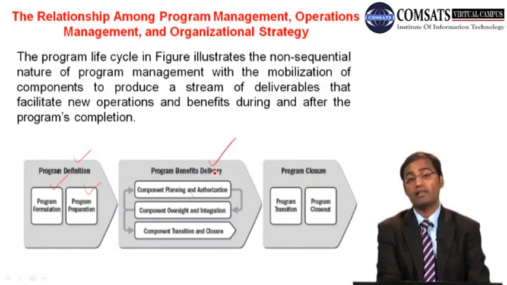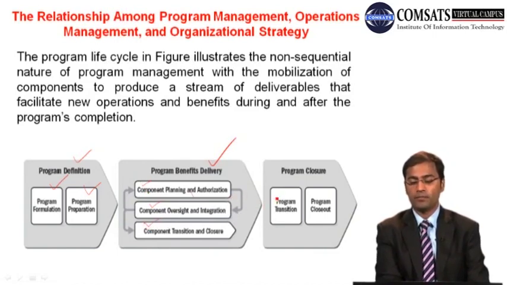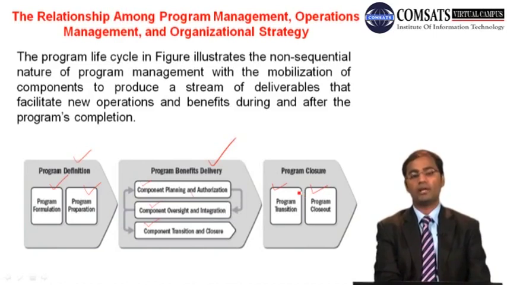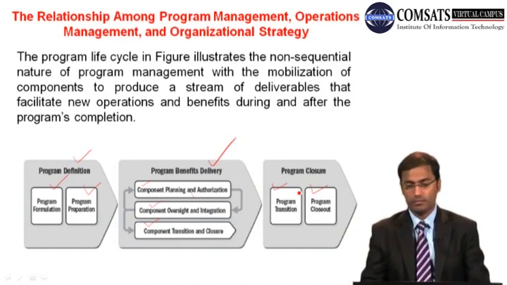As far as program benefit delivery is concerned, we have component planning and authorization, then component oversight and integration, and from there we can go back to component planning and authorization, an iterative process, and then we have component transition and closure. Then program transition is part of program closure, and then program closeout. In this fashion, we have a life cycle stated.